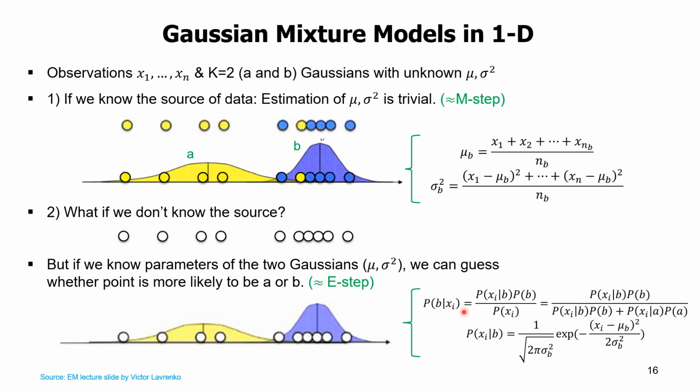Therefore, you can compute this one, which is the probability that x originated from Gaussian B. In the same way, you can compute the probability p of A given xi. By doing so, you can compute the probability of xi being selected from A or B.